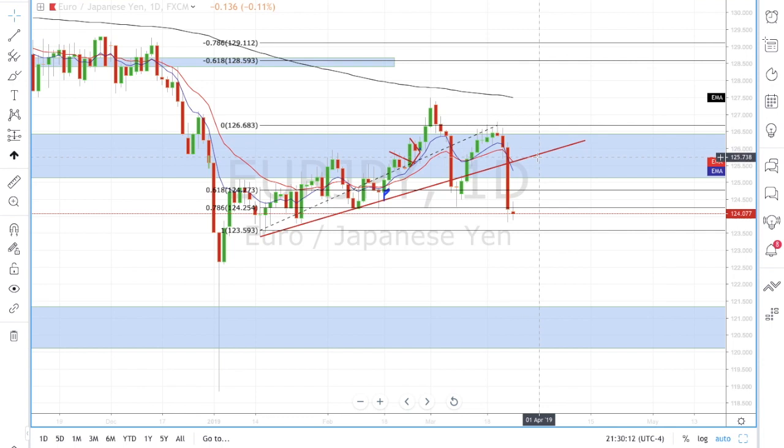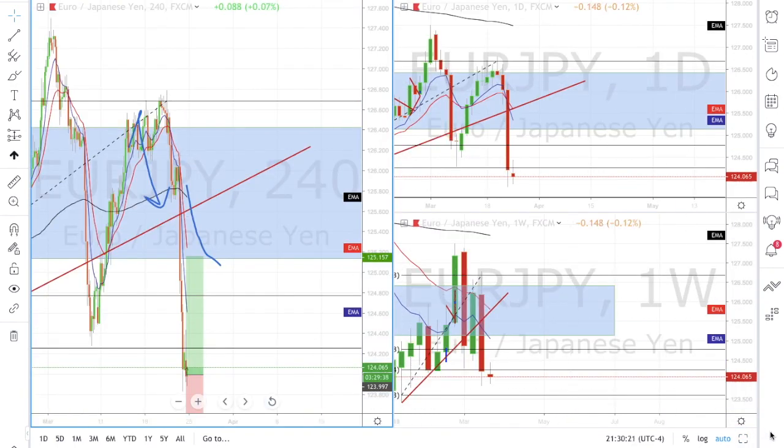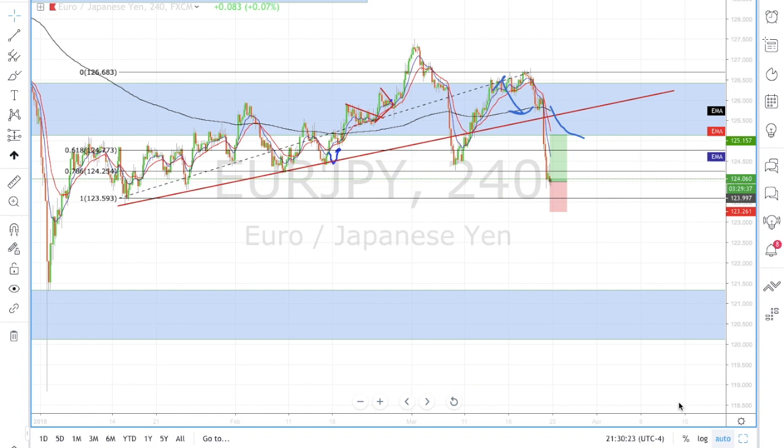There's a reason why I started with Euro JPY, because this is the biggest trade out of all three that we're going to cover pips-wise. You can clearly see 61 and 78 are always very respected, especially the 78 in this situation.